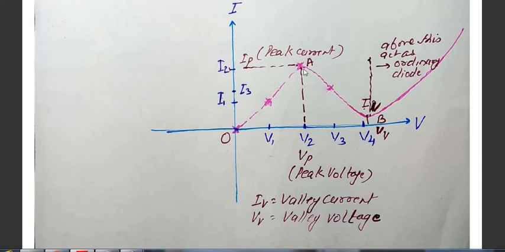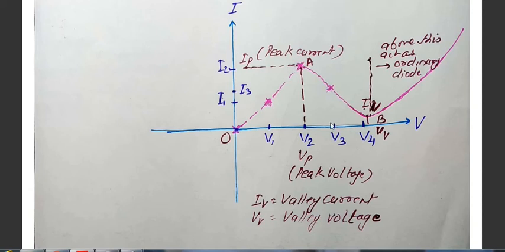Then if we further increase our voltage to V3, our current was decreasing because the Fermi levels were moving in opposite direction, and because of that there was very less overlapping.